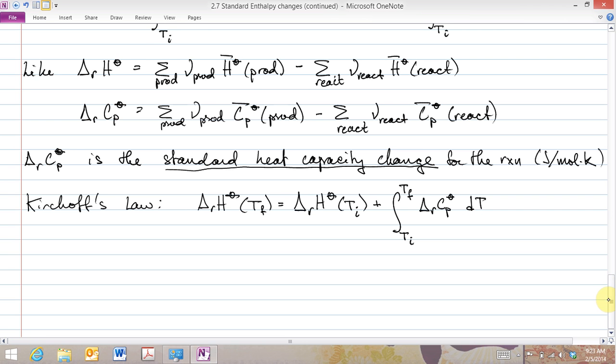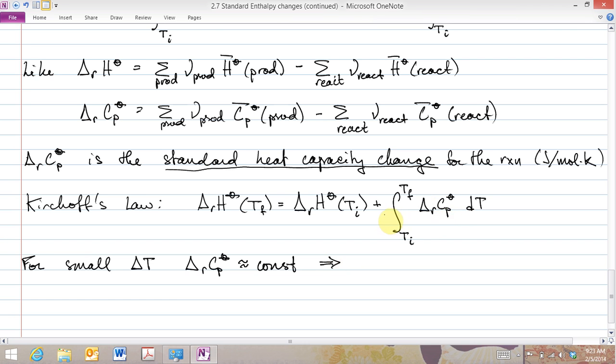Now, fortunately, for small temperature ranges, we can treat the standard heat capacity change as a constant. And if we do that, then this becomes a constant.